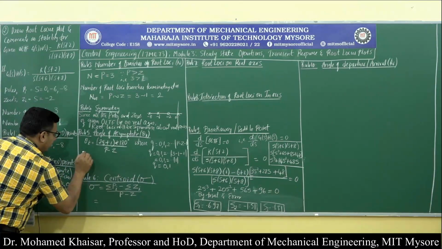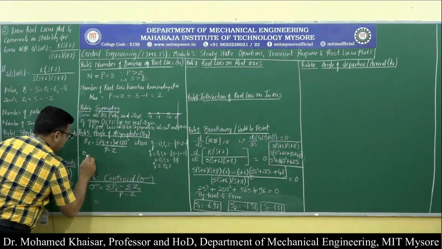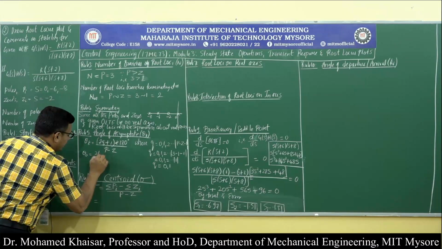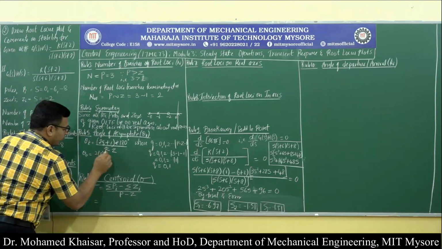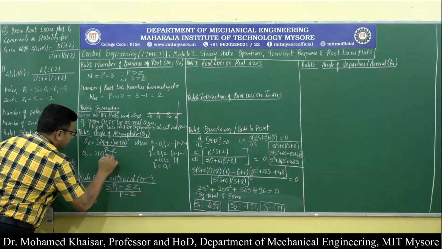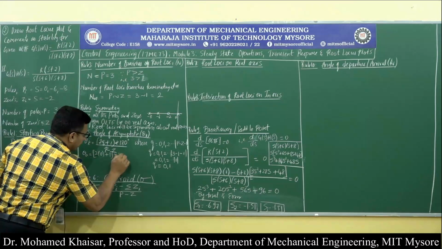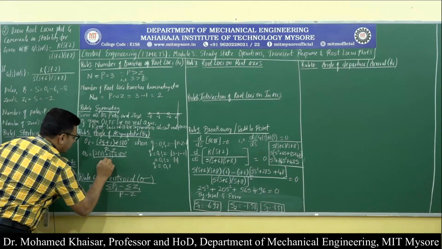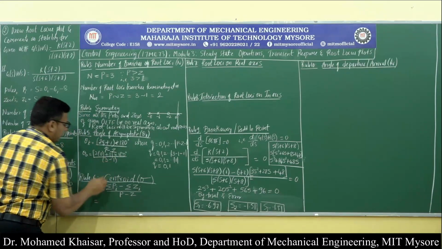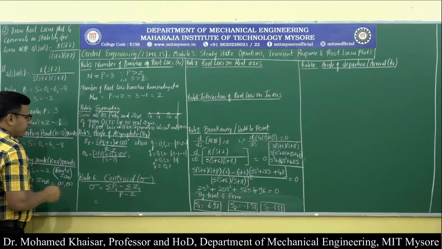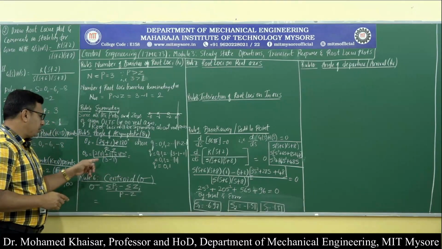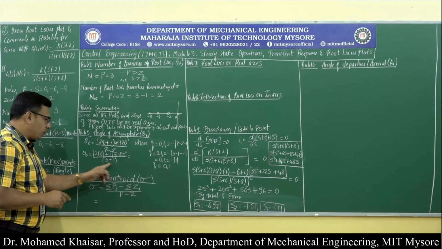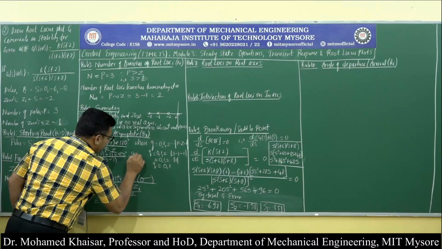First, theta at 0 will be equal to 2 into 0, where q is substituted as 0, plus 1, into 180 degrees divided by p minus z, which is 3 minus 1. So 2 into 0 is 0, plus 1 is 1, 180 divided by 2 is 90 degrees.